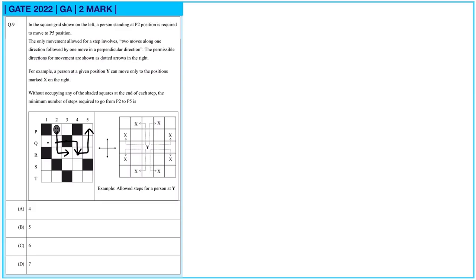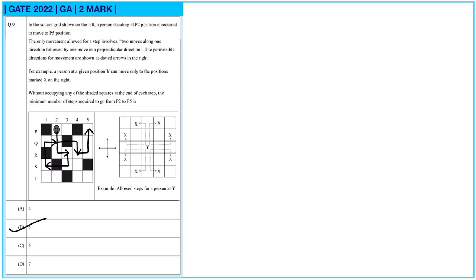So to go here, to go here, and from here. So this is the correct way that is possible. So in this, 1, 2, 3, 4 and 5 steps, minimum 5 steps are required to go from P2 to P5.